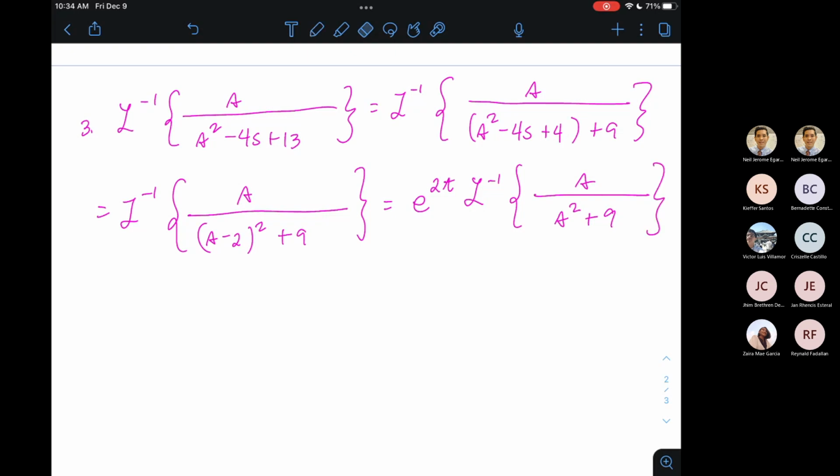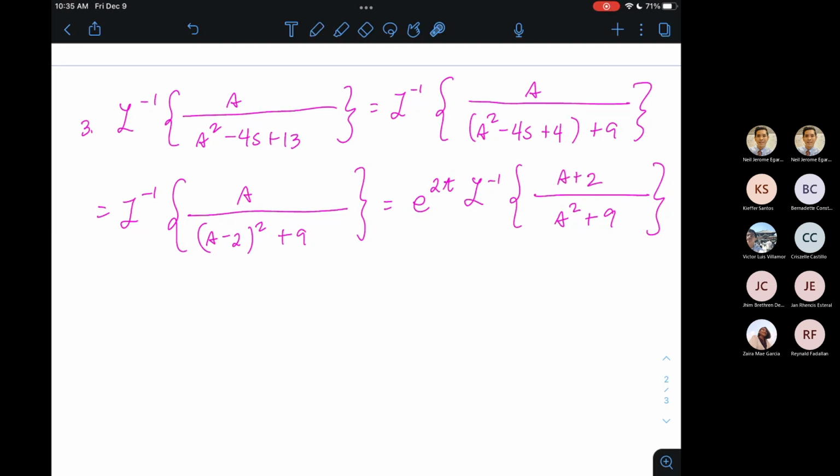Pero yung caveat ko nga kanina, hindi nga lang pala yung s sa denominator ang shift 2 units this time to the right because our multiplier is e to the 2t. So, ibig sabihin, dapat yung nasa numerator mapapalitan din ng s plus 2.